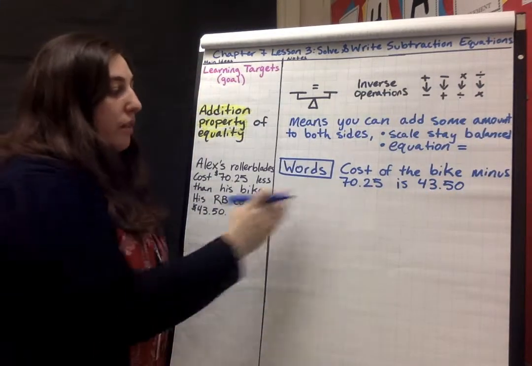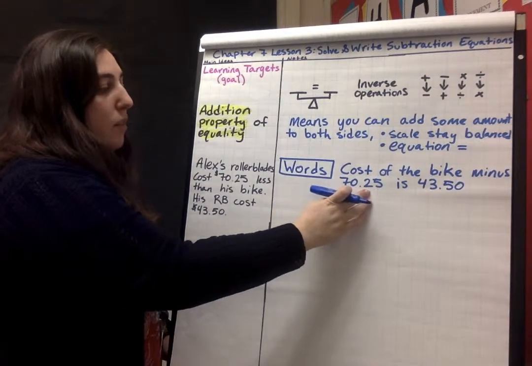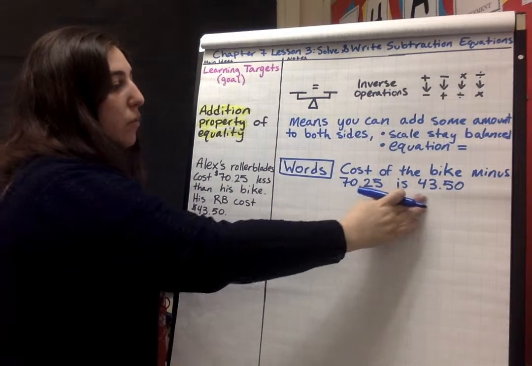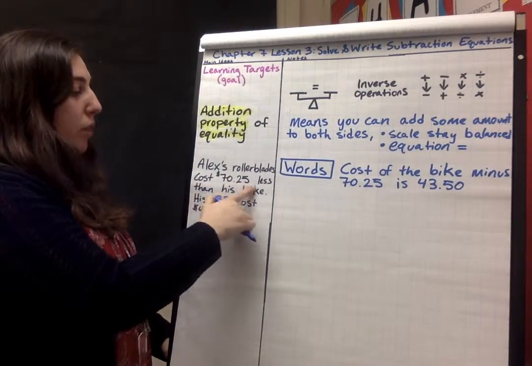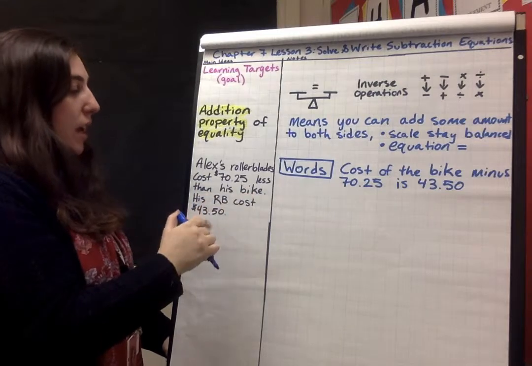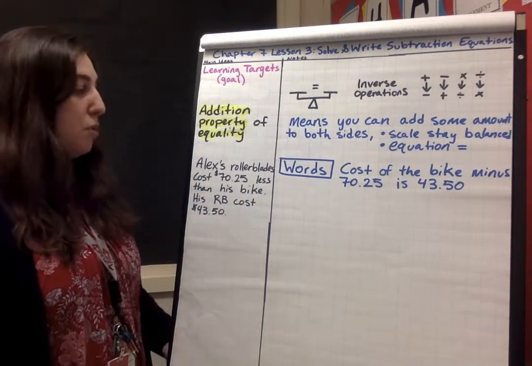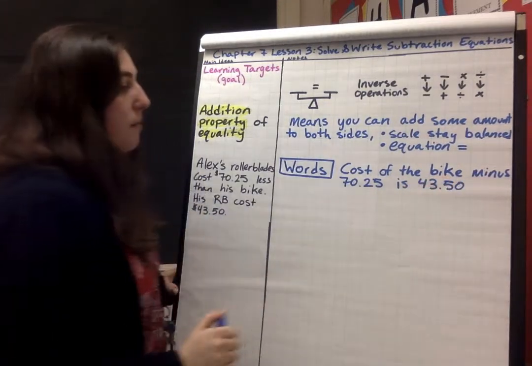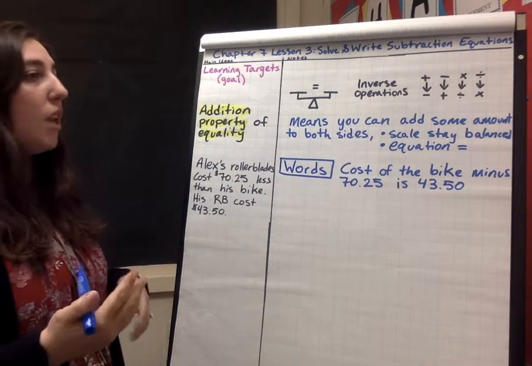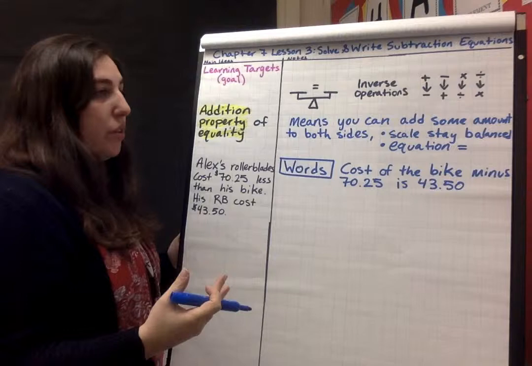So again, I got all of this over here. I know that the cost of the bike minus $70.25 is $43.50. Okay, so the rollerblades cost $70.25 less than his bike. And I know that less than from chapter 6 tells me that I'm subtracting. I'm minusing, which is why I put minus here. Okay, so now we've written some of the important words down.